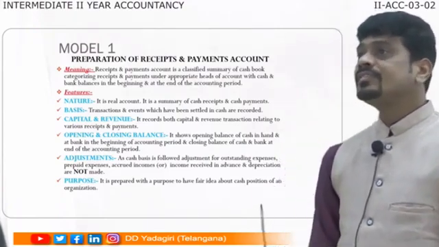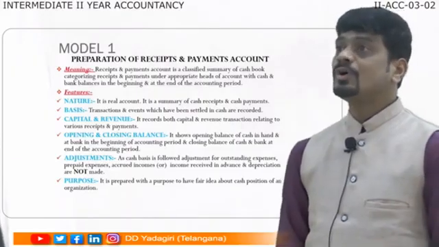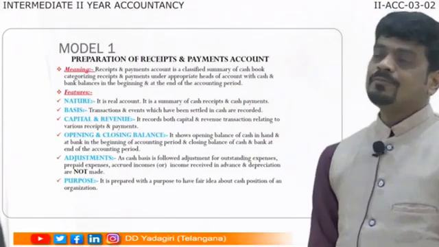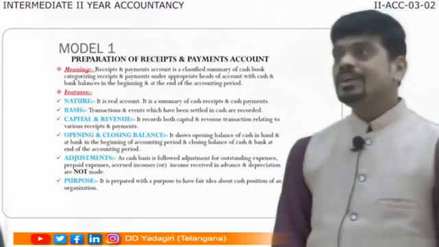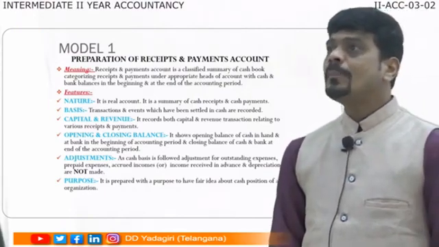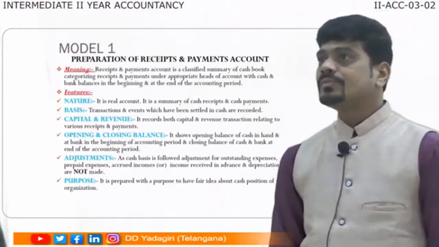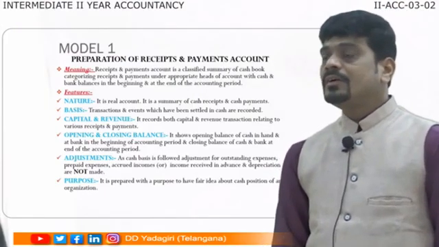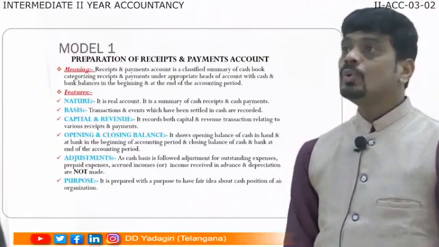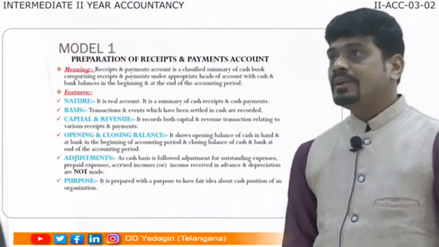Then when I was discussing with you about the features of non-trading concern, my focus was on the maintenance of accounts. And while explaining the maintenance of accounts, I told you that a non-trading concern maintains two accounts and one statement.